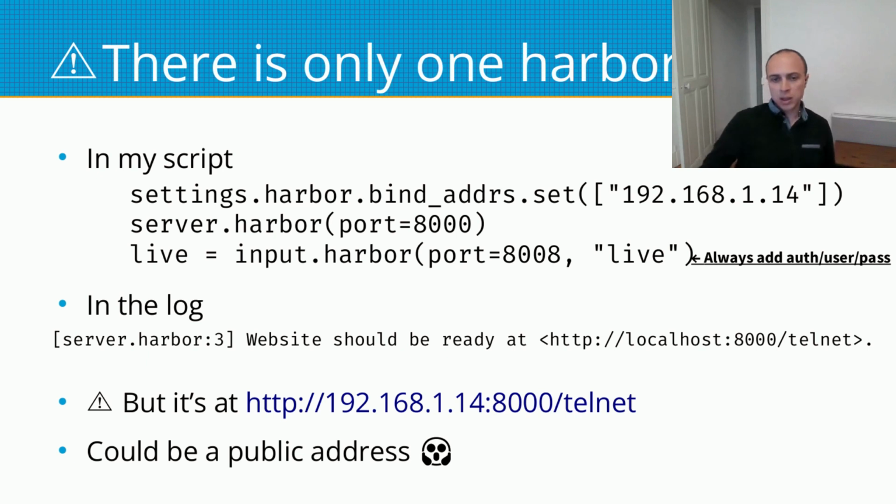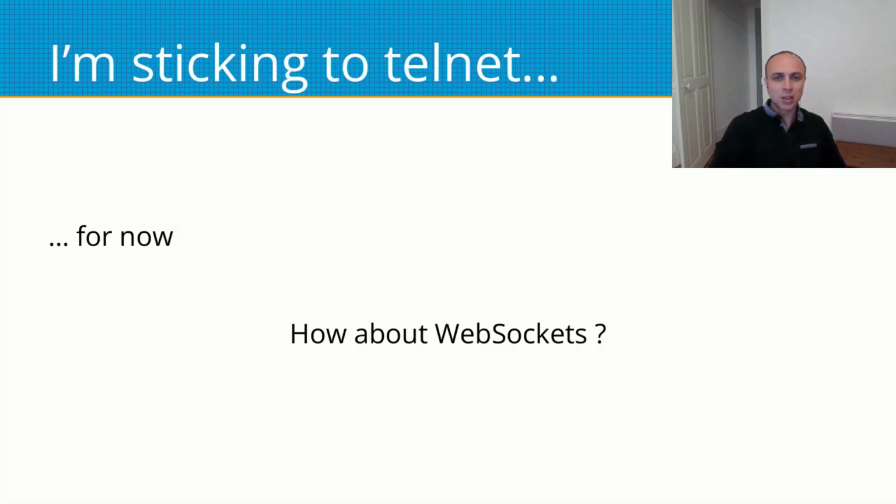But also, it could be a public address, and that's what we do in production, because the harbor input, the streaming input, is bound directly on the server's public IP address. It was much simpler that way. So I'm sticking to telnet for now because of this.